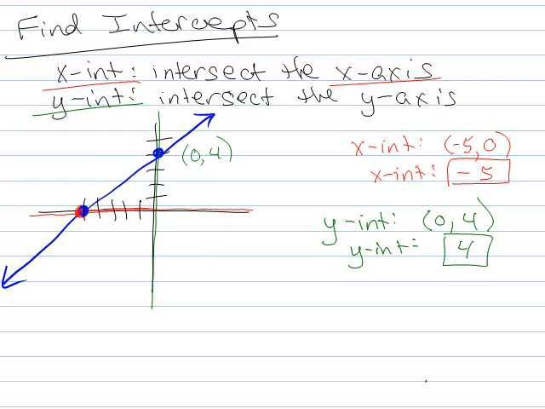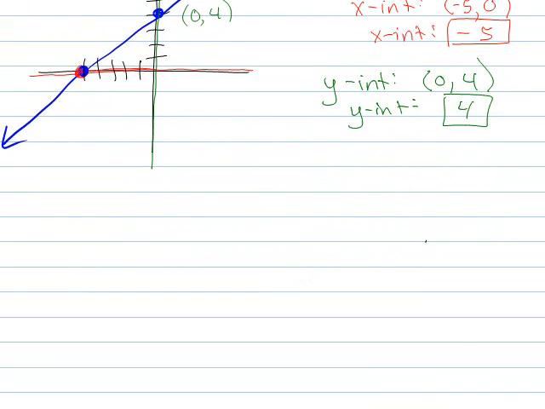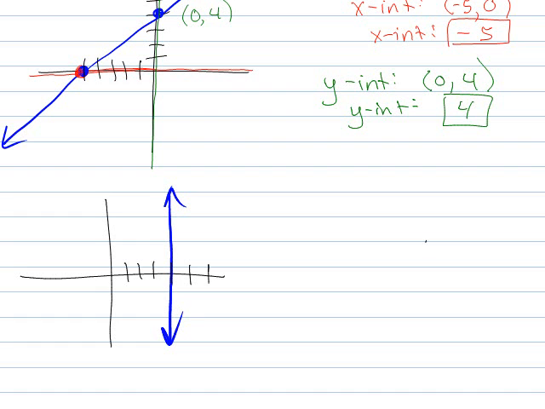You don't always have an x and a y-intercept. You could have a graph that looked like this, for example. You could say that this graph has an x-intercept at 1, 2, 3, 4, 0, so it has an x-intercept of 4.